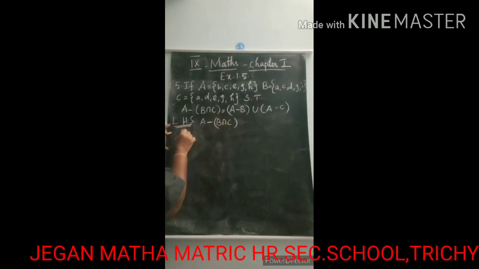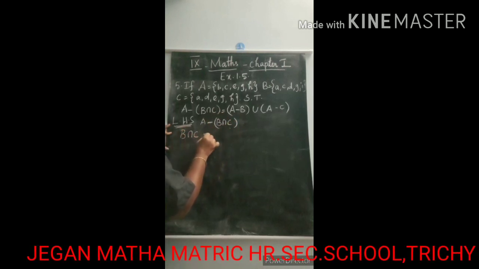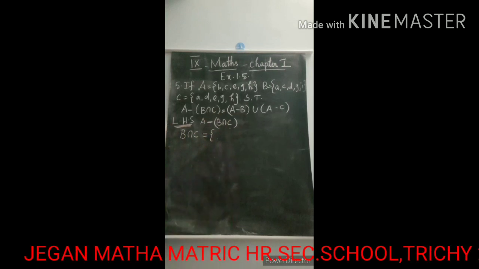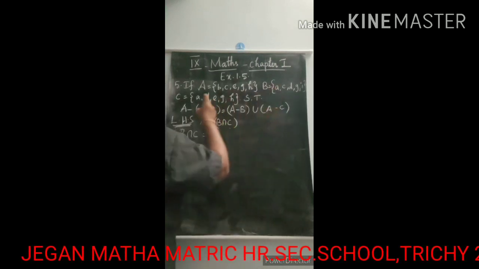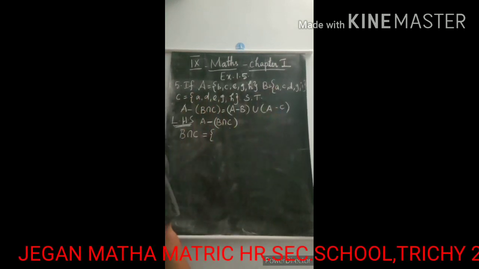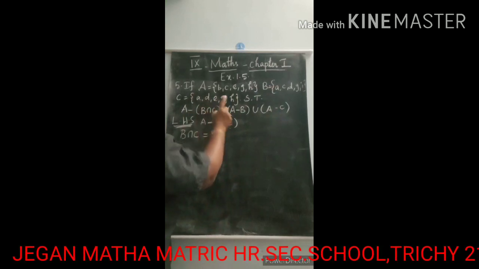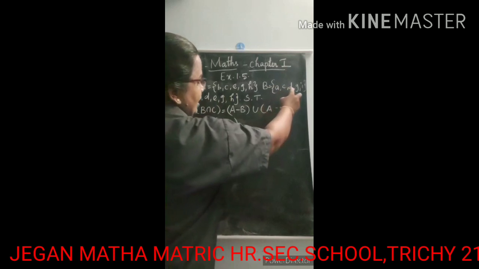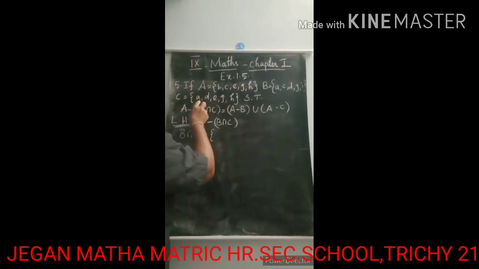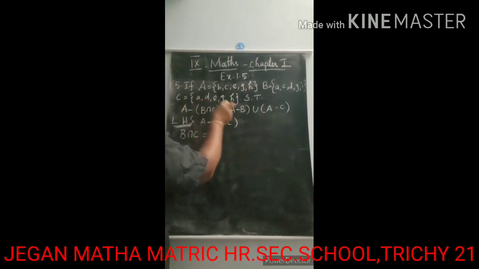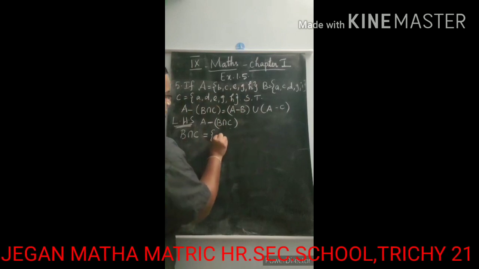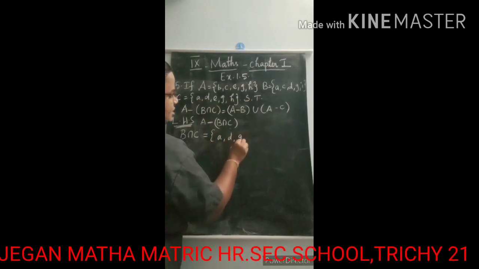First you have to find B intersection C, which is the common elements of B and C. What are the common elements? A, D, G. Here A, D, G, and C also has A, D, G. So the intersection is {A, D, G}.